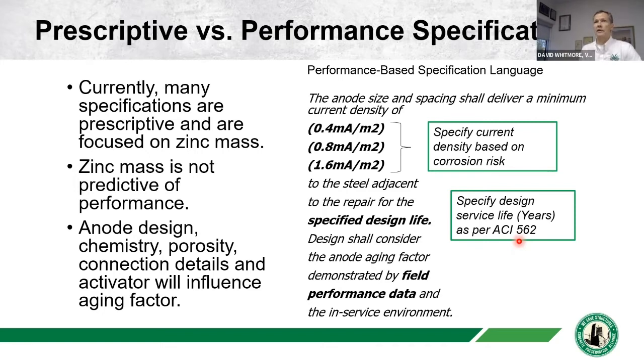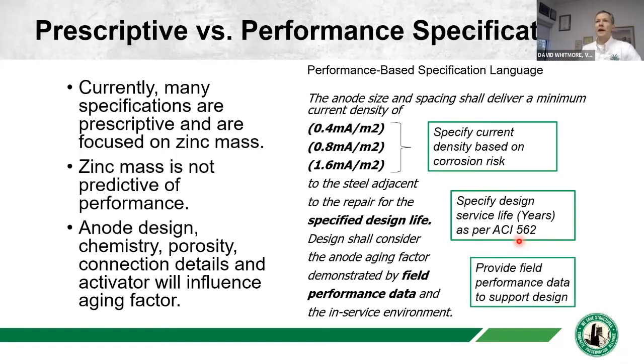So having a certain current density for a specified design life will flow out of that. And using performance data to justify your design also flows out of the format that ACI 562 is currently using.